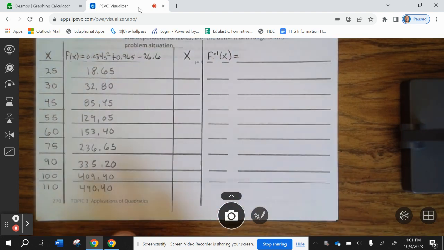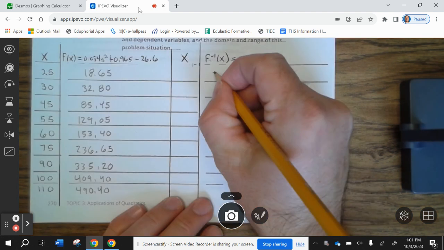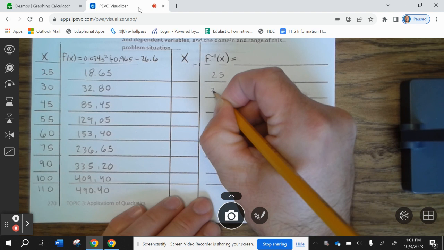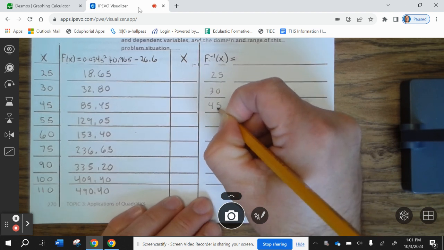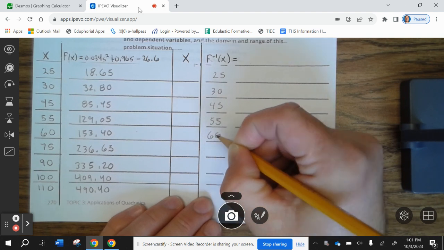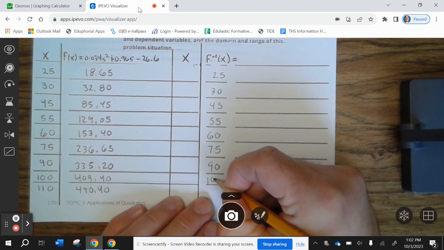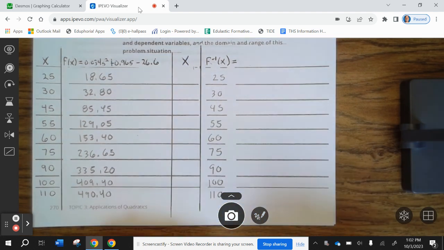Now, for the inverse, you switch these values. So then this becomes 25, 30, 45, 55, 60, 75, 90, 100, and 110.